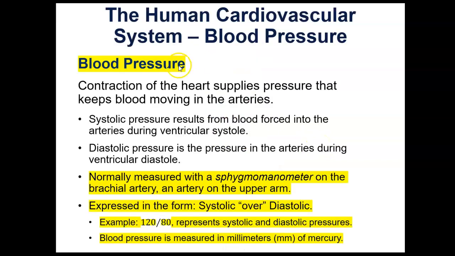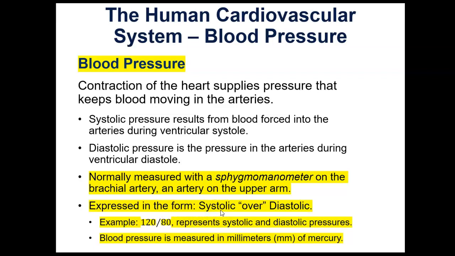All right, and then blood pressure. Normally, blood pressure is measured with a sphygmomanometer or blood pressure cuff, and it's placed on the upper arm, and you force air into it, squeezing an artery called the brachial artery. When you are listening with a stethoscope while you're measuring someone's blood pressure, you can look at where the needle is on the blood pressure cuff.